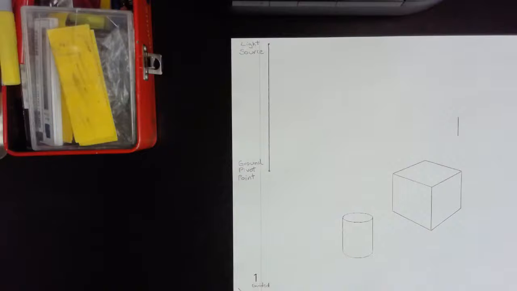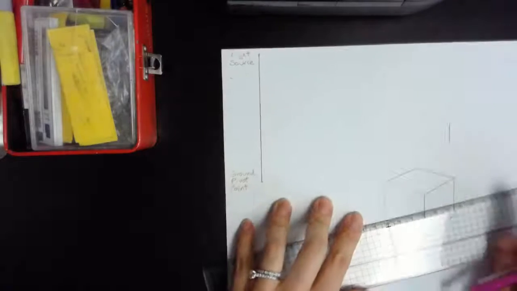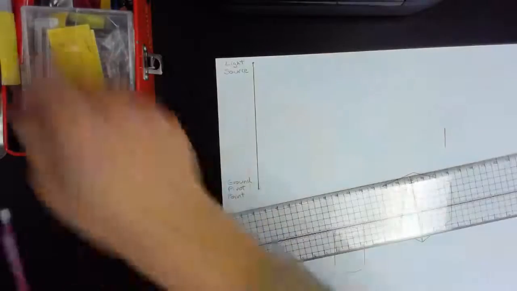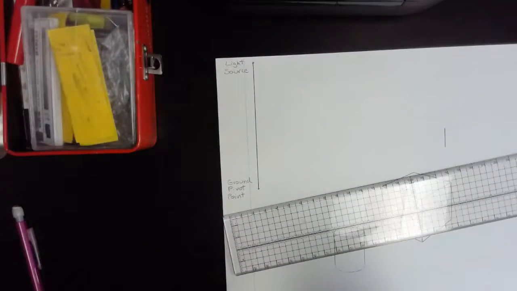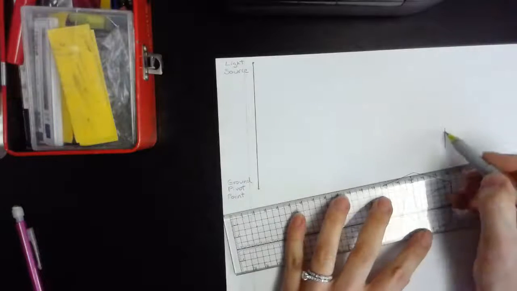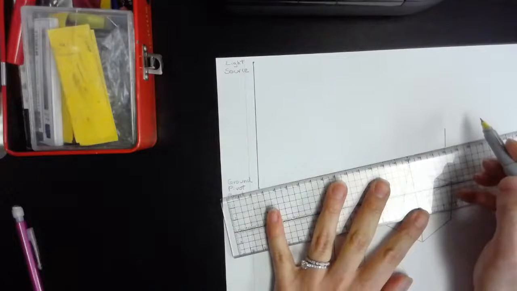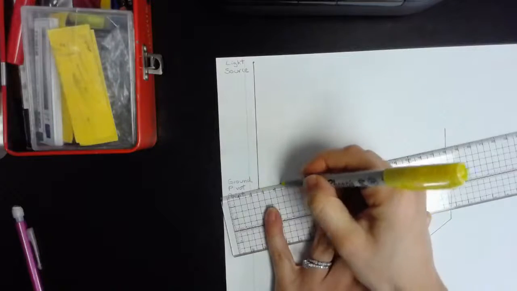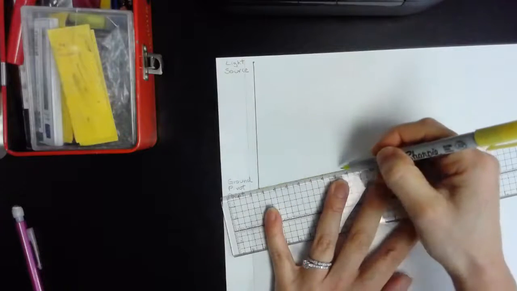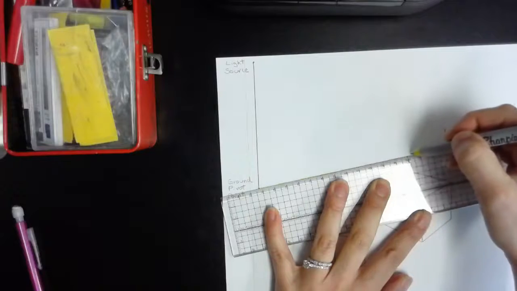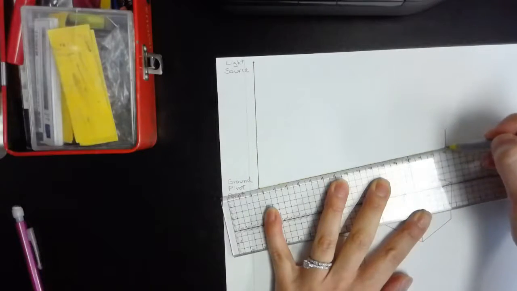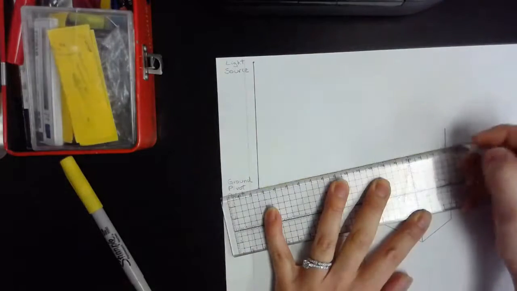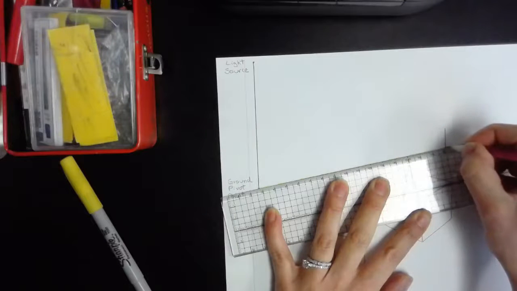Now, just as a review, we already did the pole last time. The bottom of the pole connects to the ground pivot point, and we draw a line from the ground pivot point to the bottom of the pole, and we go past it.